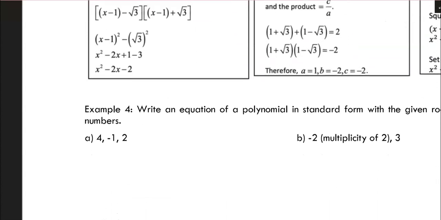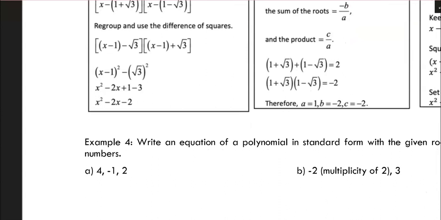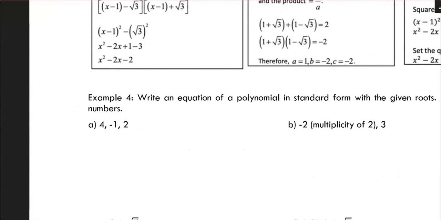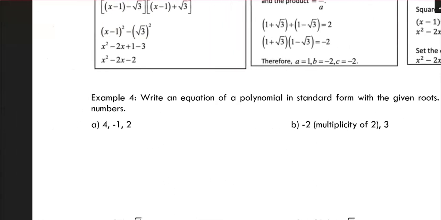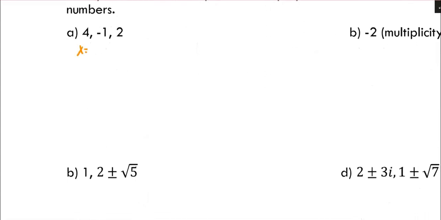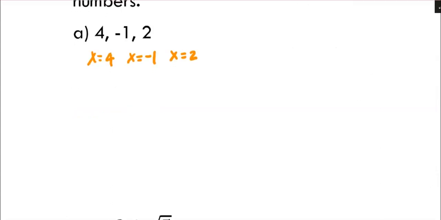So let's go ahead and do example 4. Let's put all of these in the given form. Here we have x equals 4, x equals -1, x equals 2. And it says to put it in standard form here.